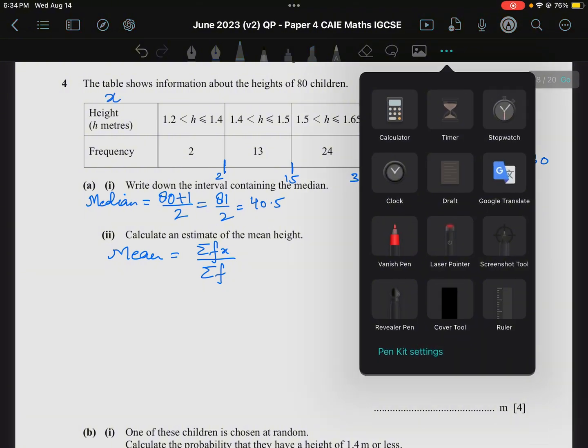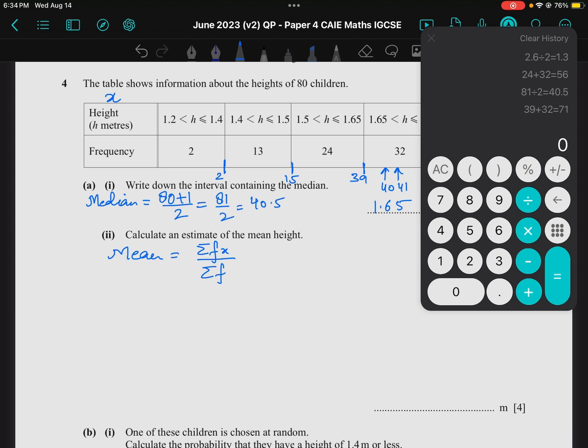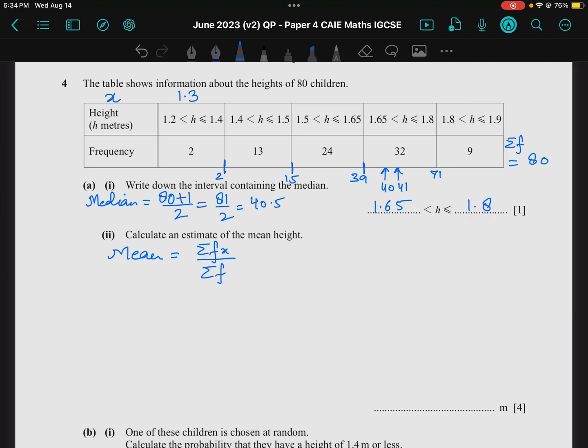What is the midpoint of this? I will show you: 1.2 plus 1.4 divided by 2. It's 1.3. Similarly, we will find out for the rest. Put it in your calculator. So you will be getting 1.45, 1.575, 1.725 and the last one is 1.85.